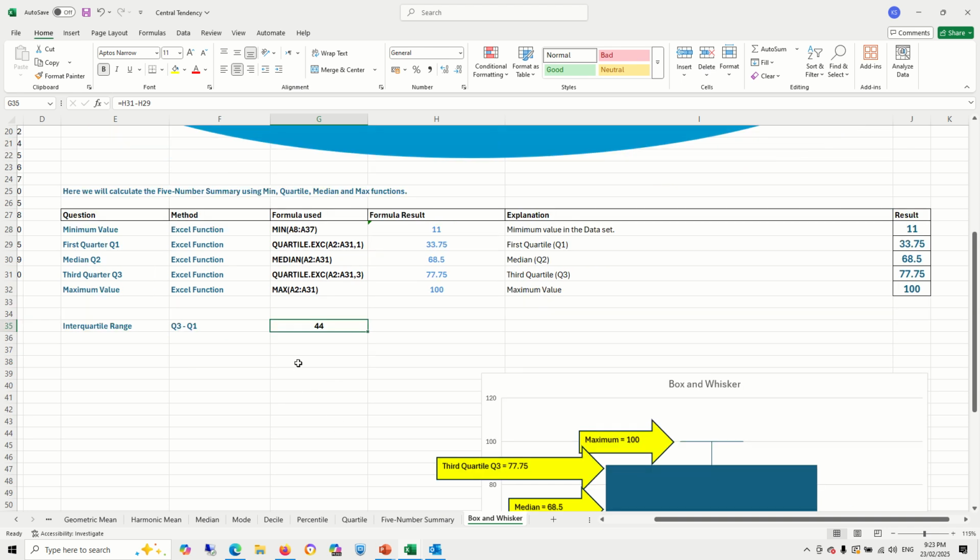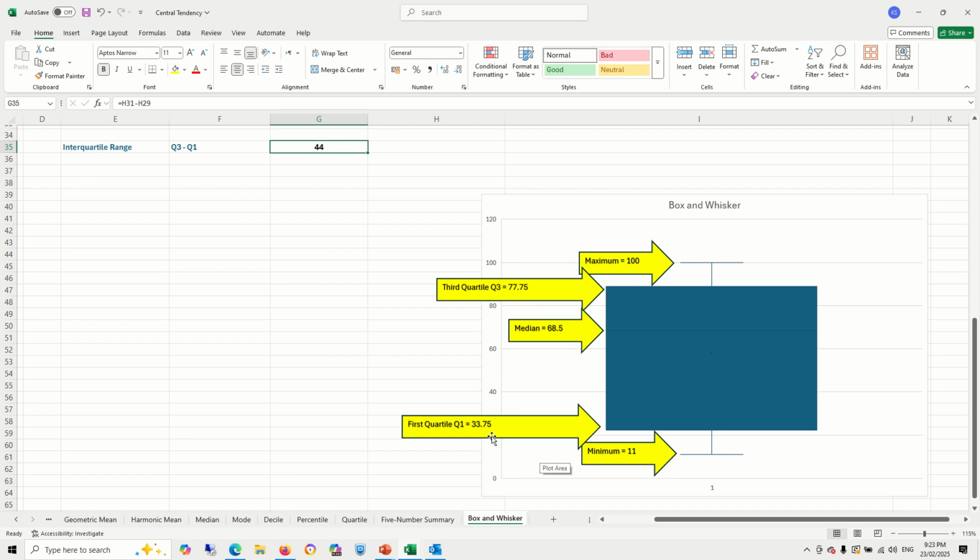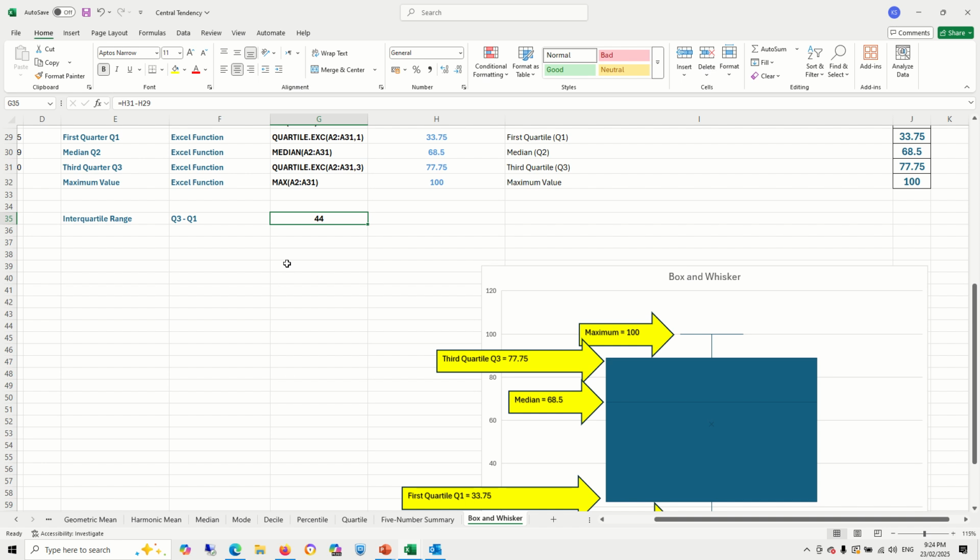That means, for example, when we look at the first quartile, it is 33.75. To make it easier, look at the third quartile, 77.75, plus the interquartile range of 44 multiplied by 1.5. That will equal this value.